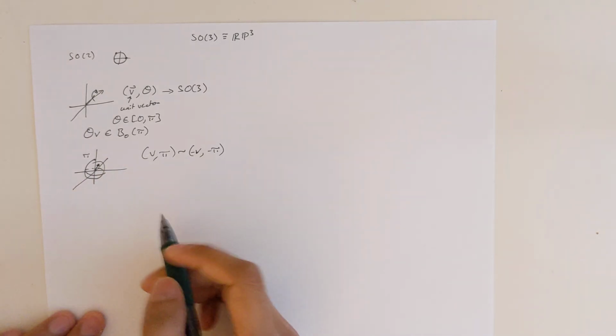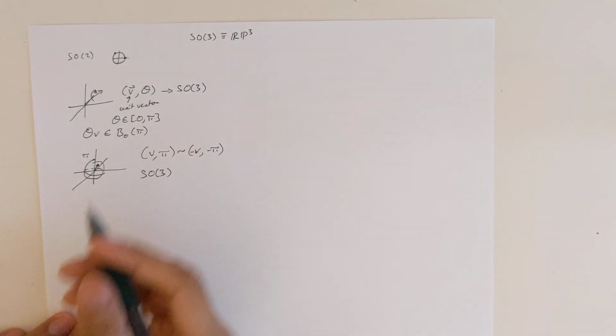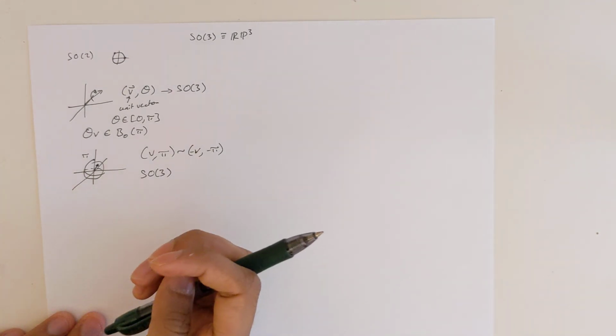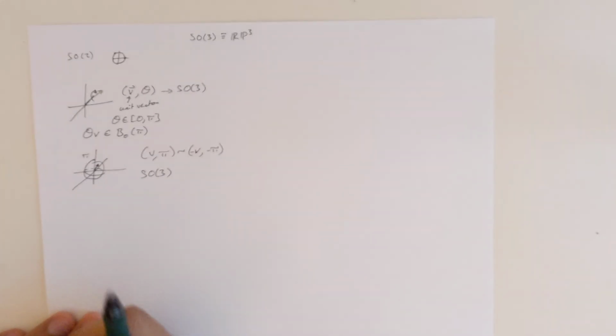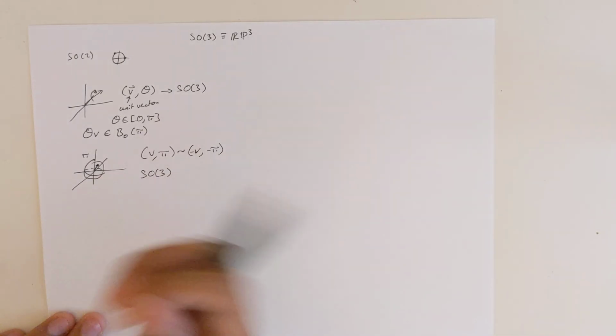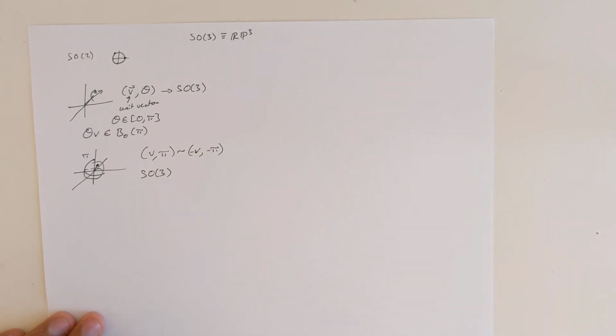So what that means is that SO3 is topologically, and the reason that this is topological is because if you move the axis about which you're rotating a little bit, or you change the angle by which you're rotating a little bit, both of these are continuously varying families of rotations of R3.